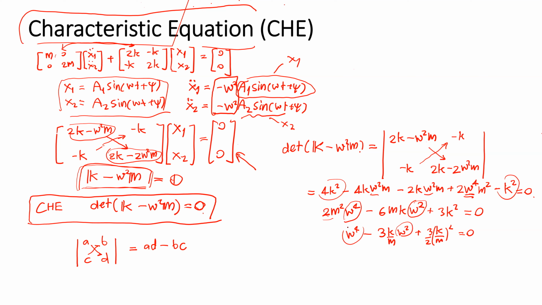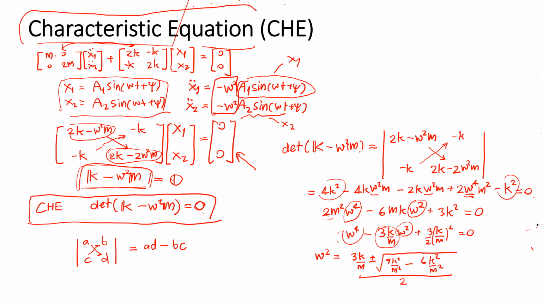By the quadratic root, omega square should equal to this one square minus 4ac. 4ac means 6k squared divided by m squared, and all of this divided by 2.